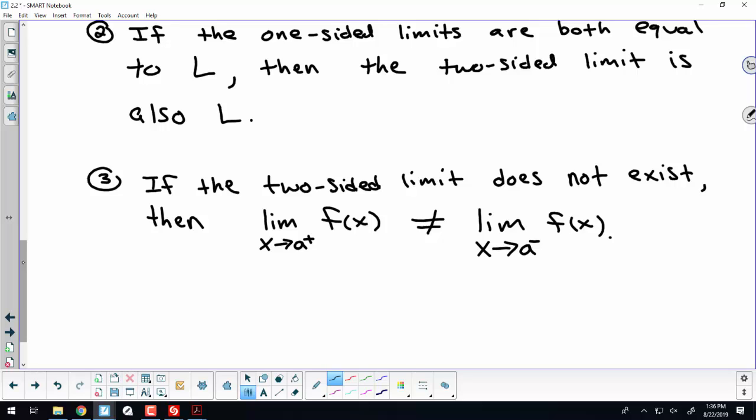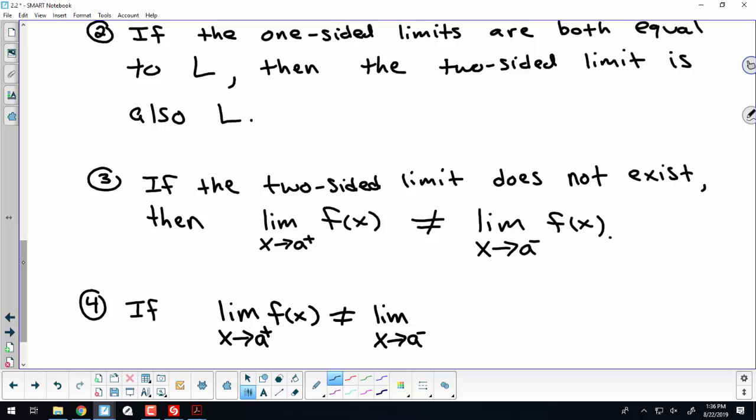Okay, one more. We're going to flip this statement around. If the two-sided limits are not equal, the limit as x approaches a from the right does not equal the limit as x approaches a from the left, then our conclusion is the same.